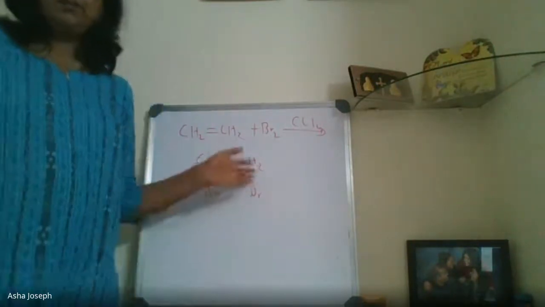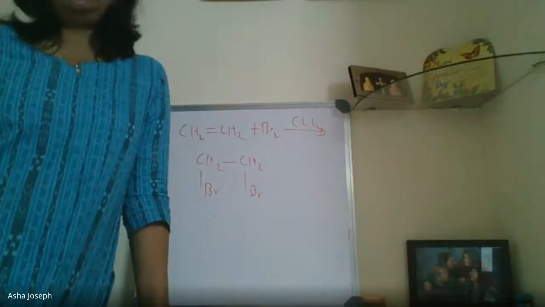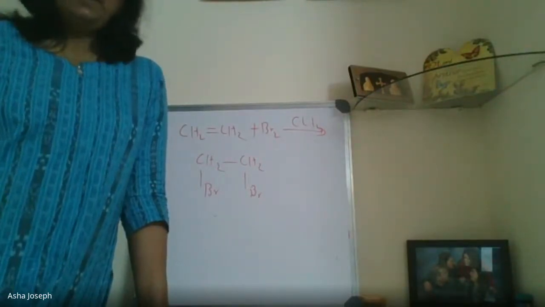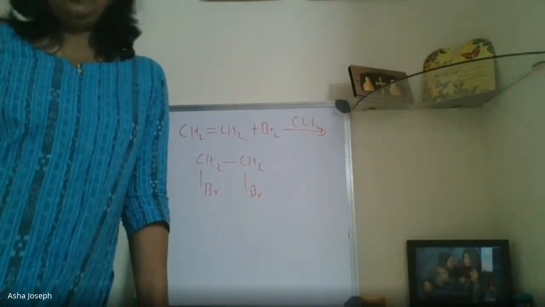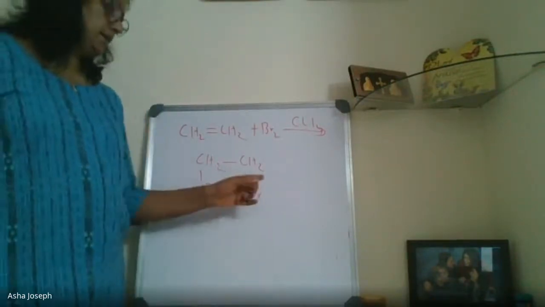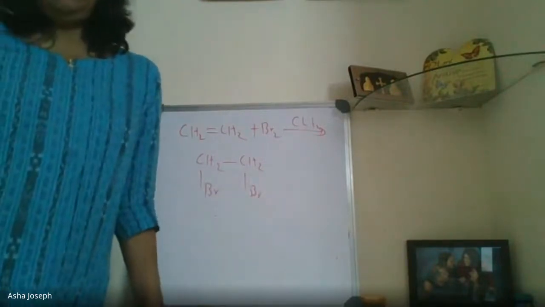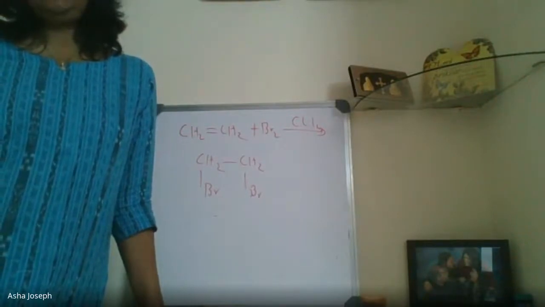So this is the bromine water test. Unsaturated compounds decolorize bromine water, and that decolorization is due to the formation of this compound. Clear now?